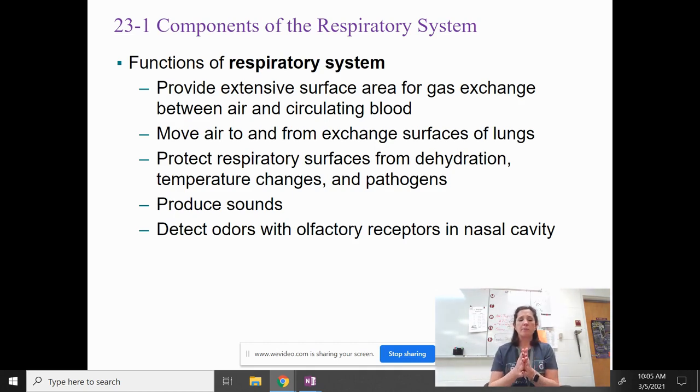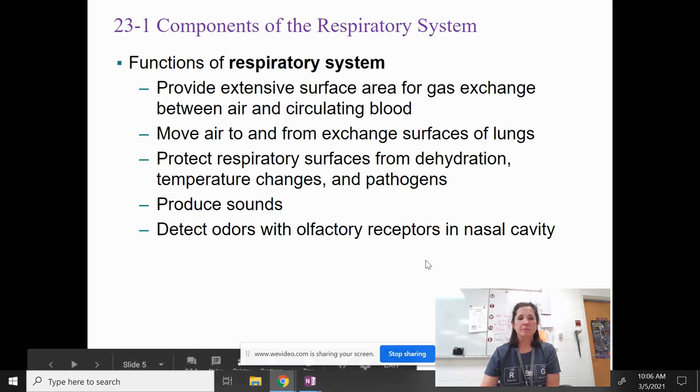Our respiratory surfaces are moist. They protect us from dehydration, temperature changes, and pathogens, something foreign that comes in. A big one is moving air in and out of the lungs. And the biggest one, and notice I'm going from the bottom up, is that the respiratory system provides an extensive surface area for gas exchange between the air and the blood.